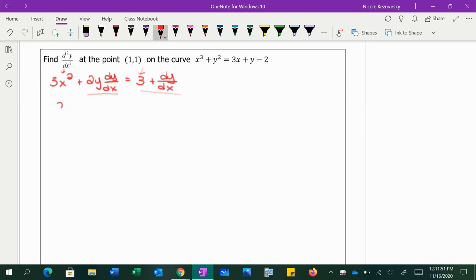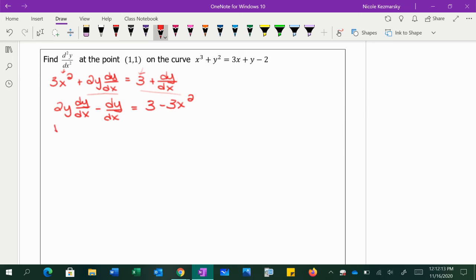So I'm going to say 2y dy/dx. I'm going to move the other dy/dx over, so minus dy/dx. And then on the other side, I'm going to have the 3 that was there, and then I'm going to subtract the 3x squared, so minus 3x squared.